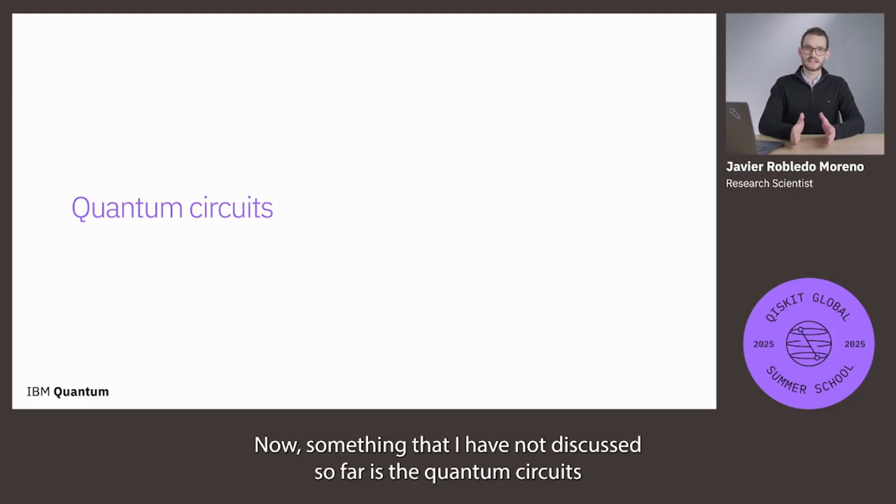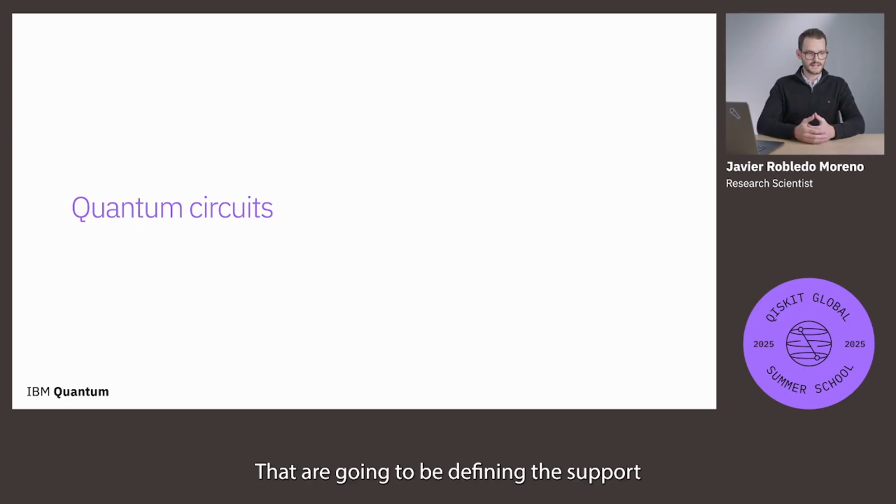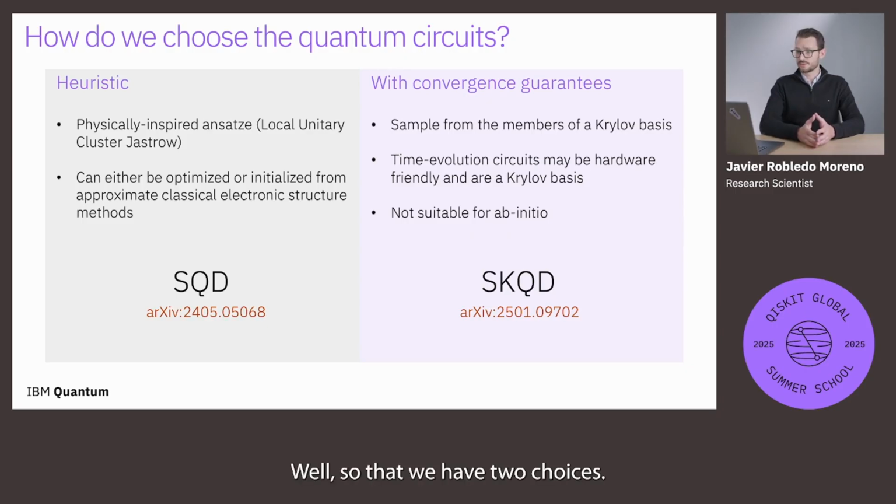Now, something that I have not discussed so far is the quantum circuits. Where do we get the quantum circuits from to produce samples that are going to be defining the support of the target eigenstate that we're after? Well, we have two choices. The first one is heuristic choices.